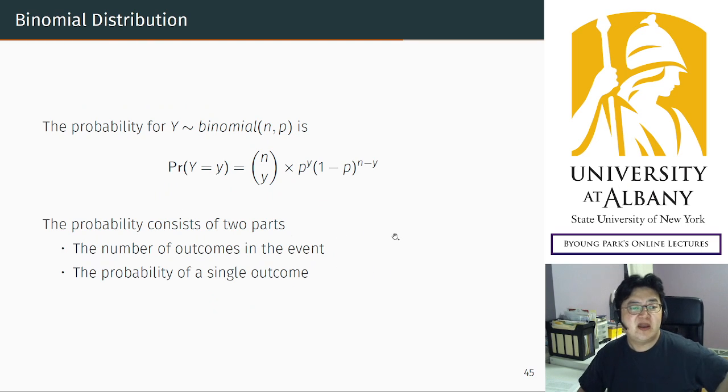And then combining those two parts, we get a general formula. This is the general formula for the binomial distribution probability.